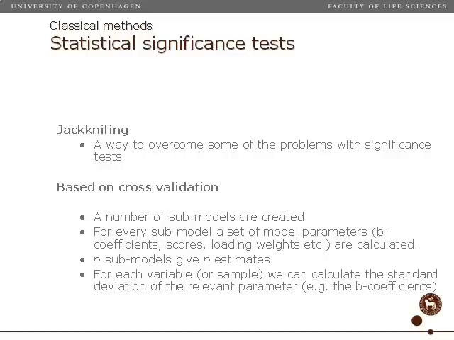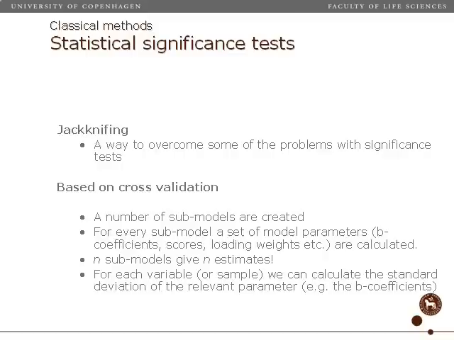And there's theory to calculate uncertainties of parameters. So we can calculate the uncertainty of the regression coefficients based on jackknifing. And that means we don't have to have a very strict statistical theory for the uncertainty of the individual regression coefficients.